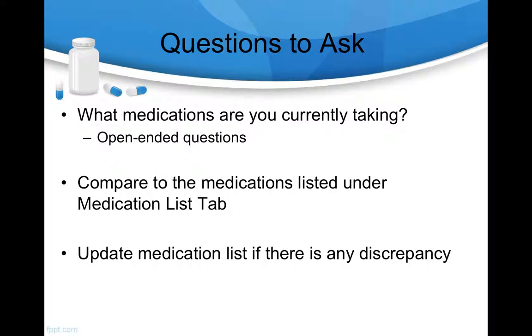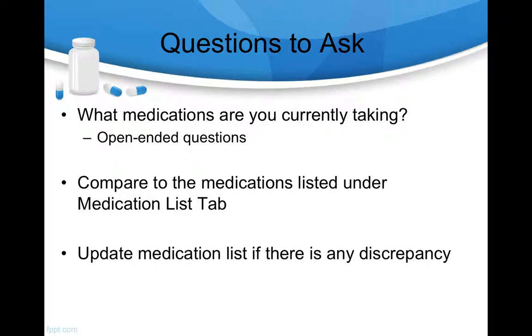Next, to gather medication lists from the patients, it is really important to ask open-ended questions. "What medications are you currently taking?" is an open-ended question. This way, the patients have to list the names of medications to answer it.